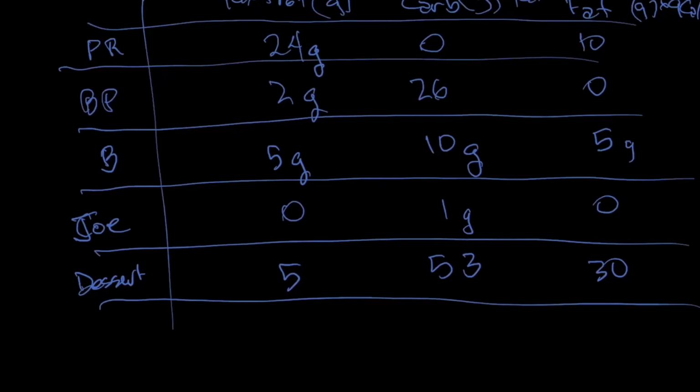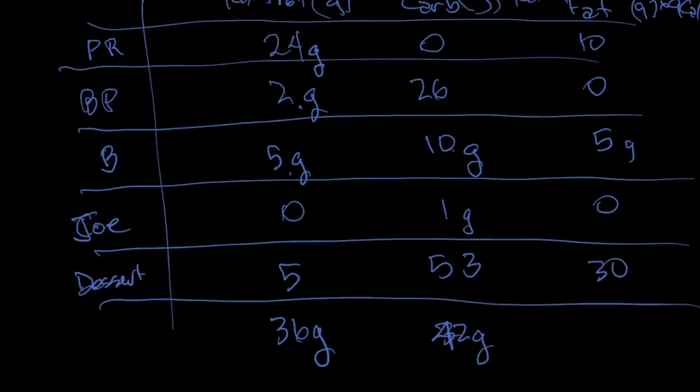So 24, 26, 31, 30, 36 grams. Okay, double check my math. 24, yeah, 26, 36, 31, 32 grams. Double check my math, 36, no, 26, 36, 37, 42, messed up by 10.